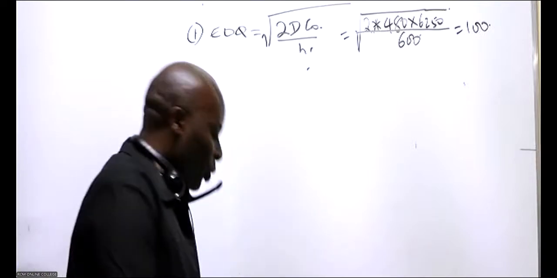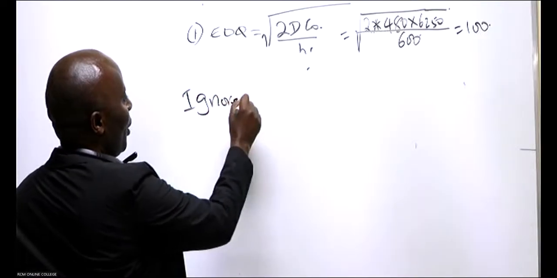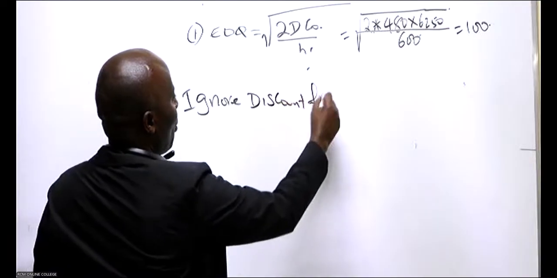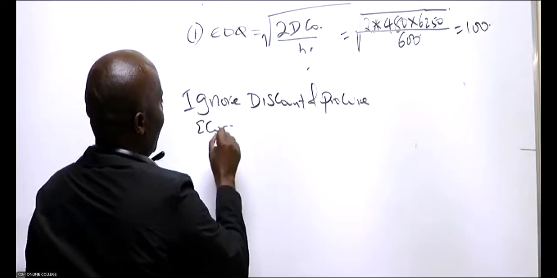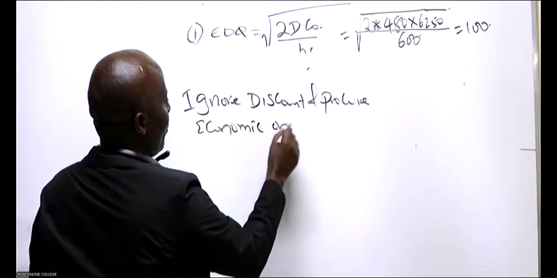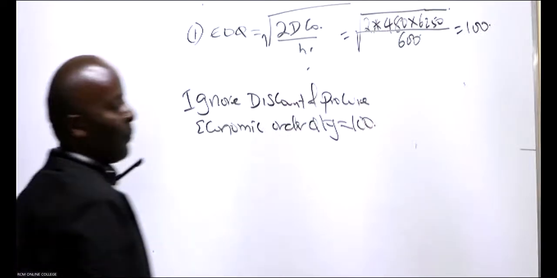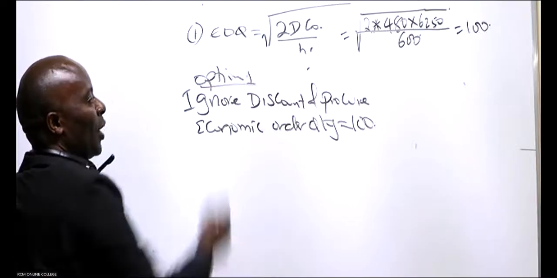The first option is we ignore the discount and procure the economic order quantity. So this is option 1.